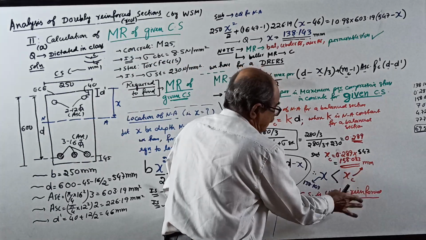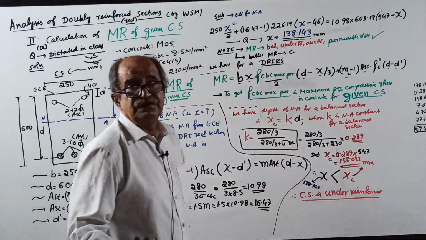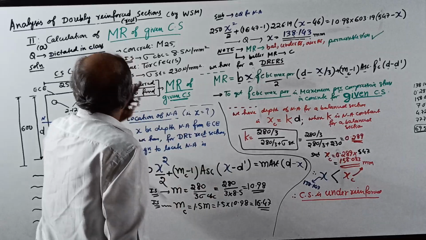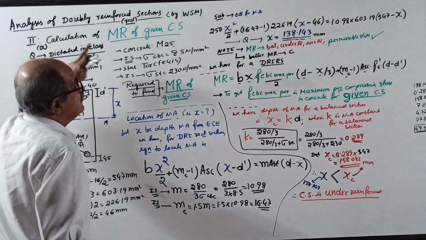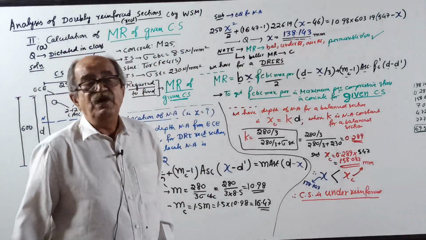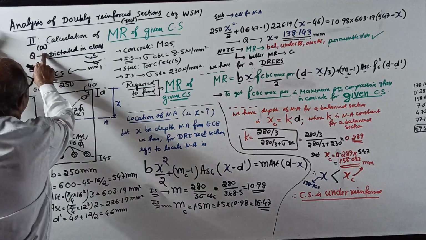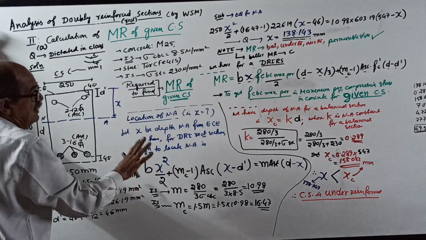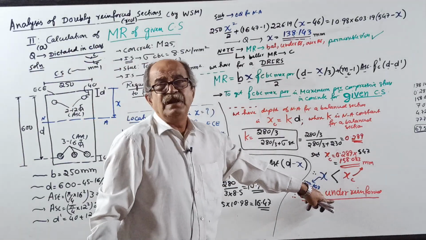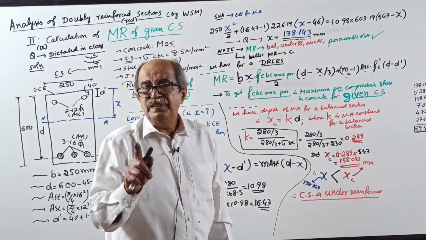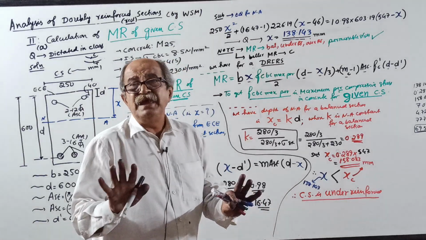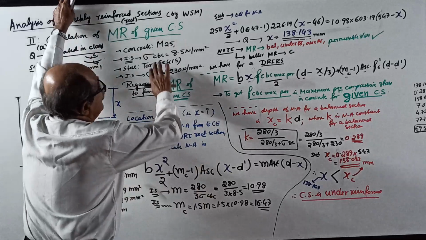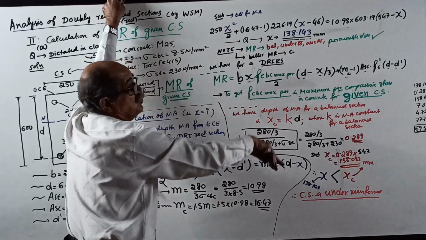Now what happens is you have to continue. Later, in the next class, part number 10, I will take Roman 2b, the same type of question, but I will see that the cross section becomes over reinforced. To save time, I will not rub any of this. I will change the numbers only.